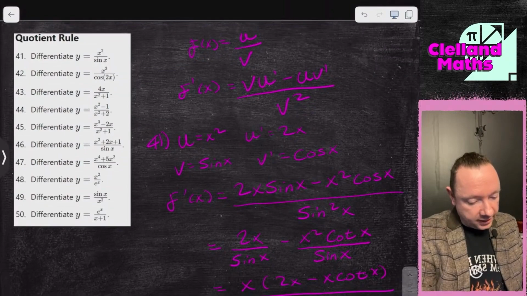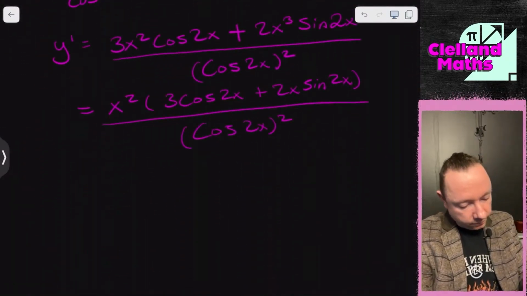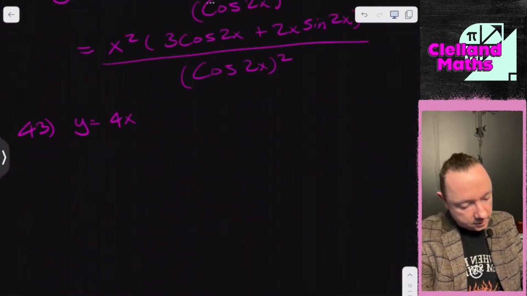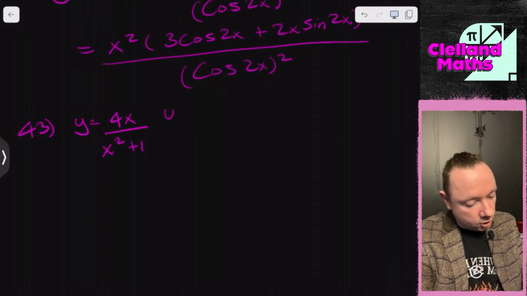Number 43, 4x over x squared plus 1. Is it 4x? Yeah. Going on my way for trig functions for a bit. So u and v, u dash is 4, v dash is 2x.